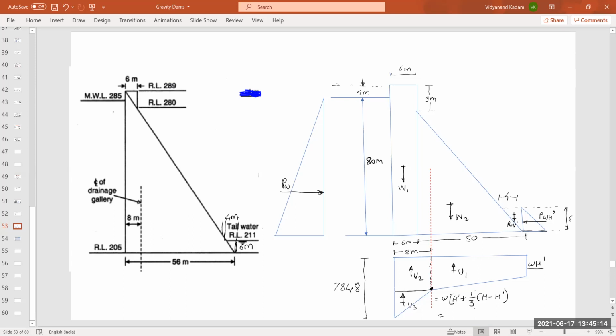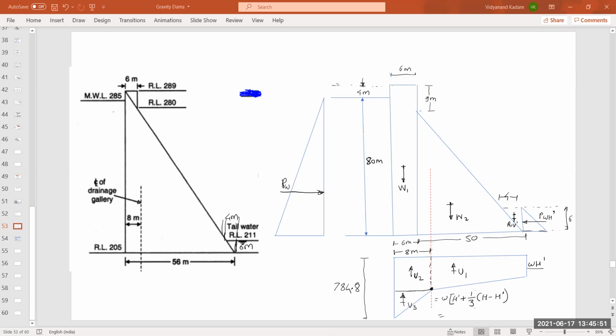Everybody calculate this value. So what is H dash here? H dash is 6 meter, that is tailwater height, and H is 80 meter, that is the height of water on upstream side. So put these values of H and H dash, then you know that this W is 9.81. So calculate this value. Yes, immediately calculate this value. The formula is given to you.